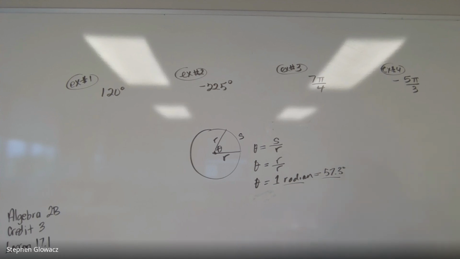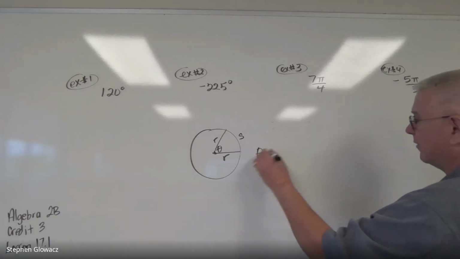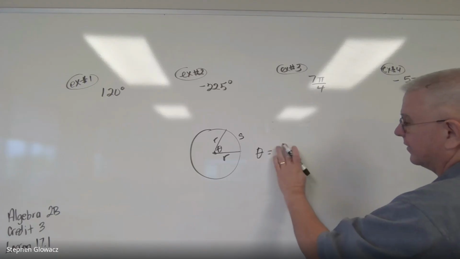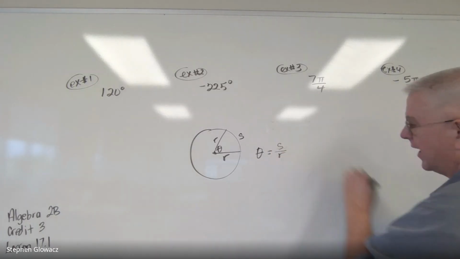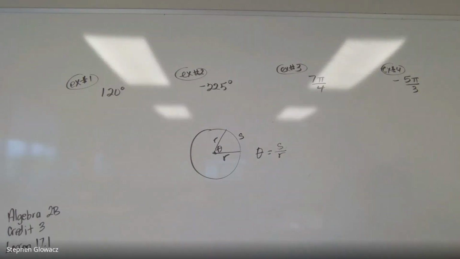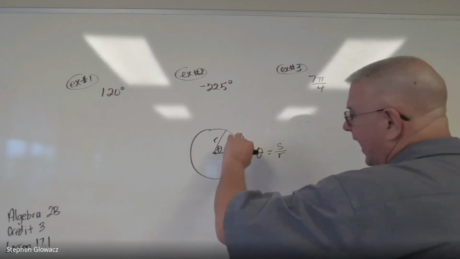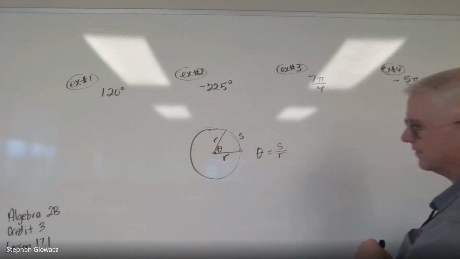Now, another fun fact with radians. Once again, let's put up our ratio. It's the arc length divided by the radius. And let's say that the arc length, the angle is the entire circumference of the circle.